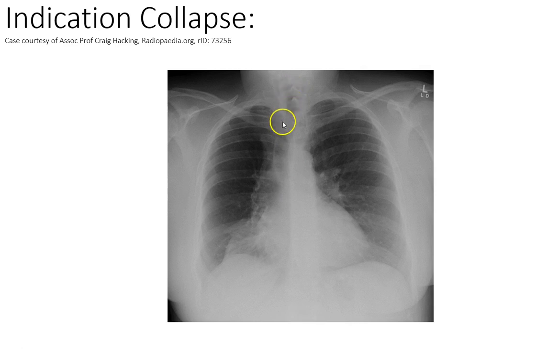So this is the tracheal deviation to the right, and this is a sign, and that in conjunction with this makes me feel like there's a shift of structures to the right, and we've got potential consolidation collapse, probably of the middle lobe on the right.